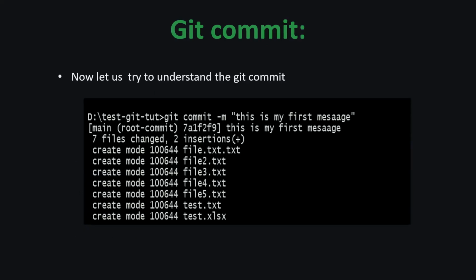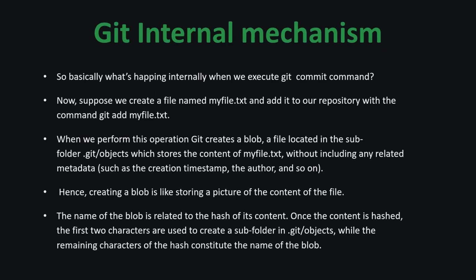Git commit. Now let us try to understand git commit. Seven changed files, two insertions, create mode. Git internal mechanism: what is happening internally when we execute the git commit command?